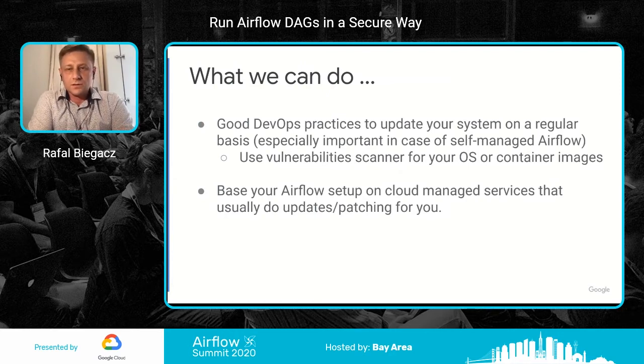As you could see in the slide presenting the Airflow setup in Composer, we are using quite a lot of managed services delivered to you by GCP, and thanks to that, we have this luxury of relying on Google to update the underlying infrastructure for you.